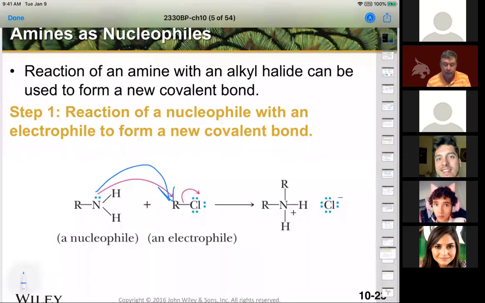Once it did that, it would form this intermediate here. Step one is reacting the electrophile with the nucleophile. The next thing we'll do is take away that proton to turn it back into a neutral amine.